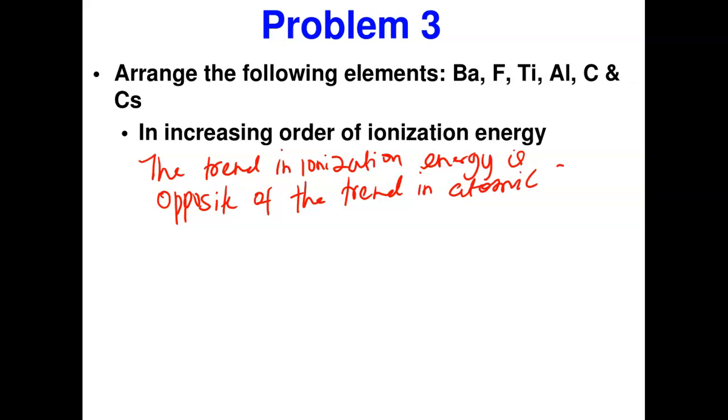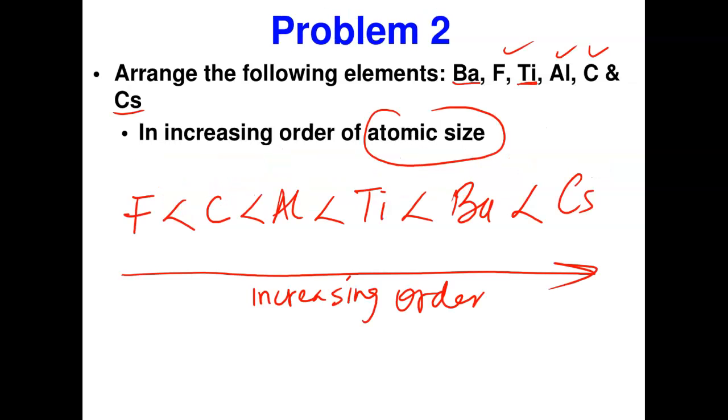So I usually advise students, just take your atomic size and change it since you have it already, because it is the exact opposite. So what do you do? Take exactly what you have there, turn it the other way, and that is exactly what you're going to have at this point.